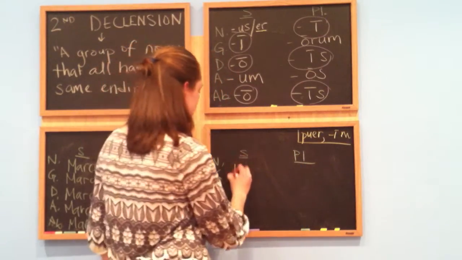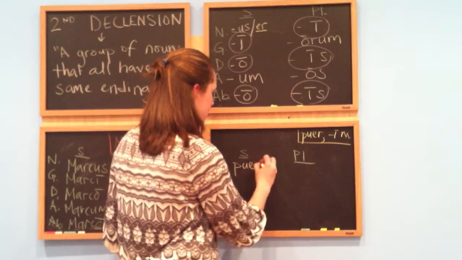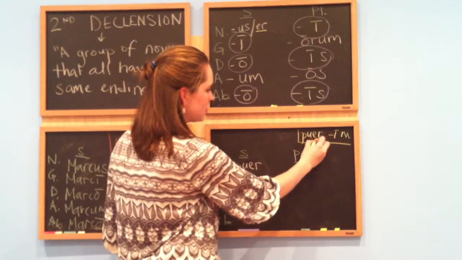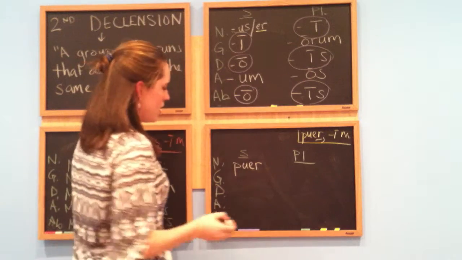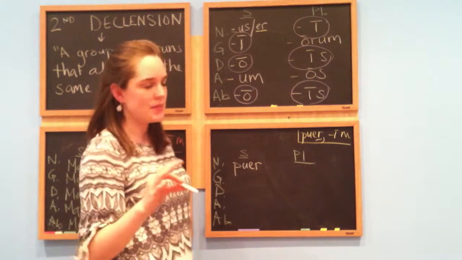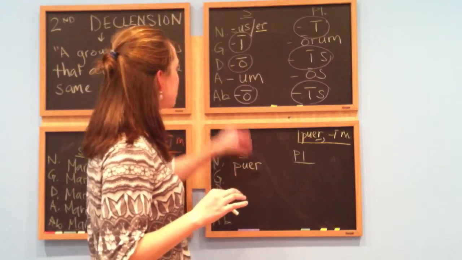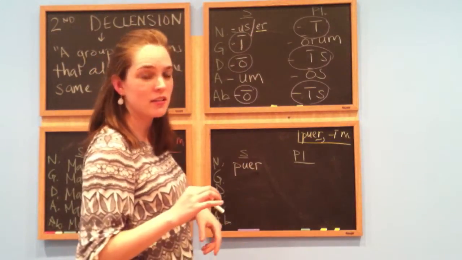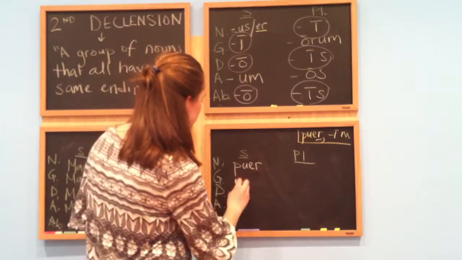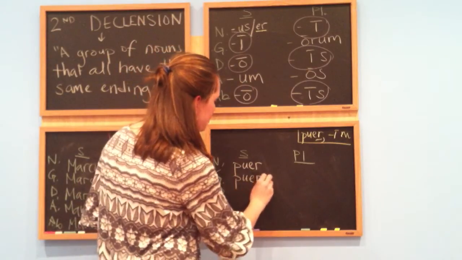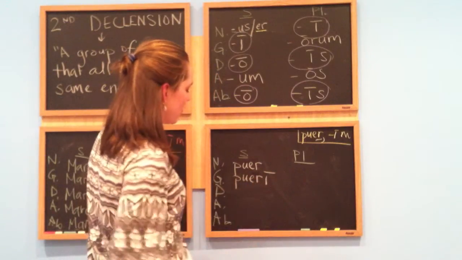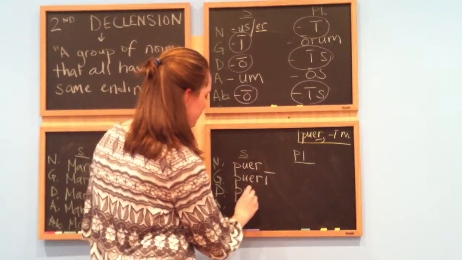So our nominative is going to be puer. We get from the dictionary entry, we know it's that ER ending. And then something weird happens here. With these ER nouns, you don't actually take off the ER ending. It's irregular, so you just add the I from the genitive singular to that ER, and you're going to do that all the way through.